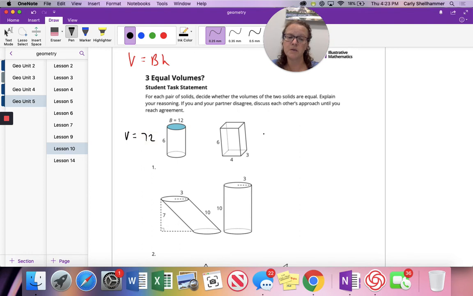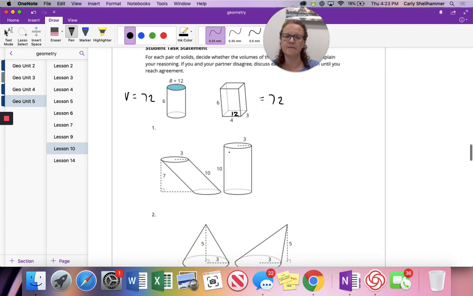And then the volume of this one is length times width times height. I've got the area of the base is 12 times 6, which is also 72. Okay, same thing. Here, big B times H, so the area of this circle is pi r squared, which is 9 pi, times the height, which is 10, so 90 pi.